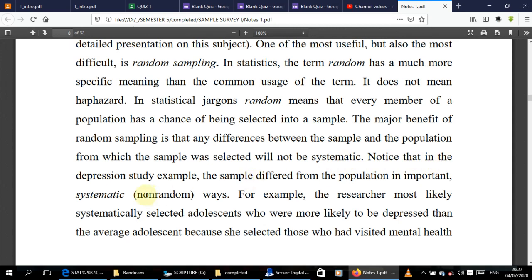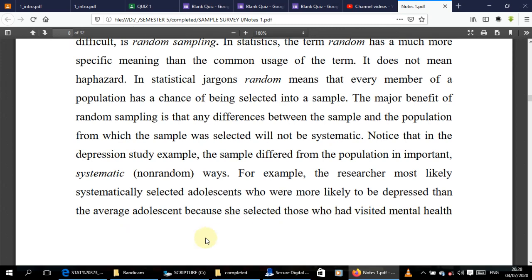Notice that in the depression study example, the sample differed from the population in important, systematic, non-random ways. For example, the researcher most likely systematically selected adolescents who were more likely to be depressed than the average.